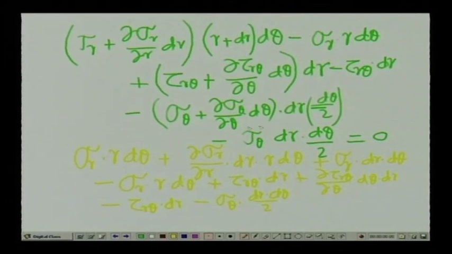Minus, again, this particular term will have d theta square, so we neglect that, and minus sigma theta dr d theta by 2.